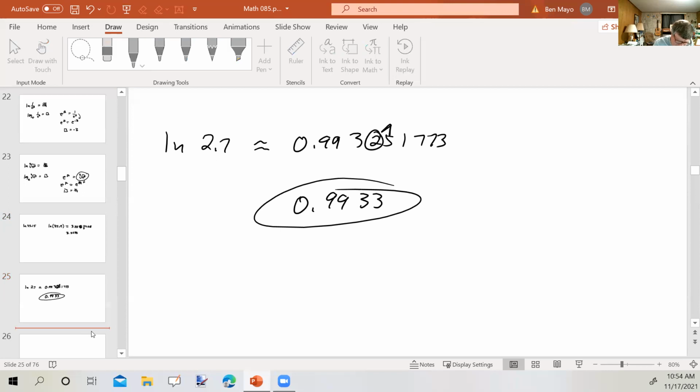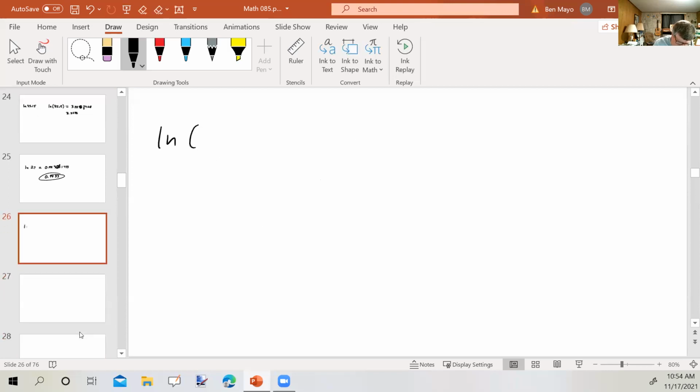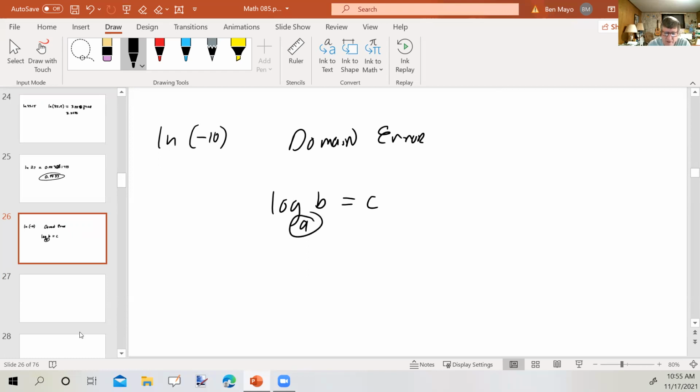And then how about this one? The natural log of -10. So natural log -10. It says domain error. Why is that? Recall that the base has to be positive, but not equal to 1.